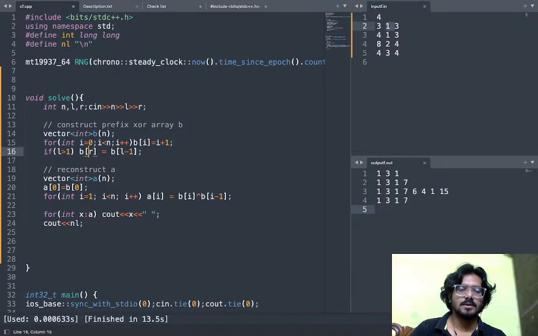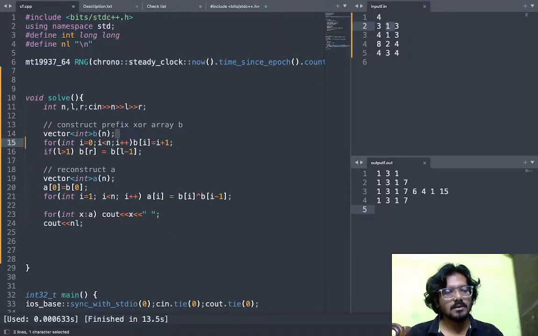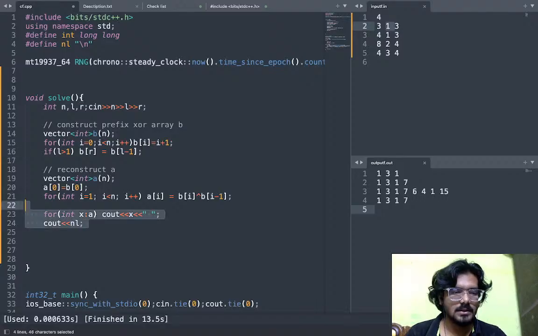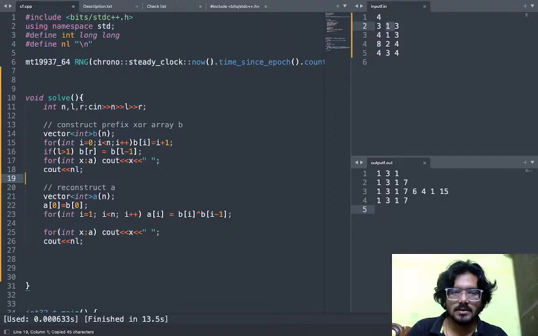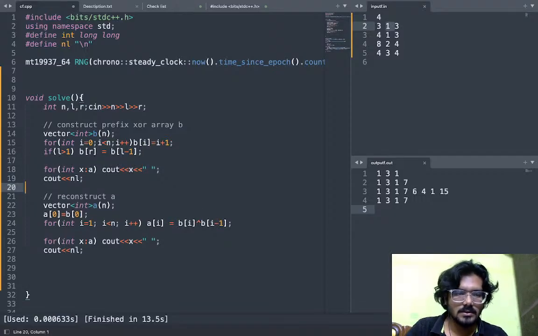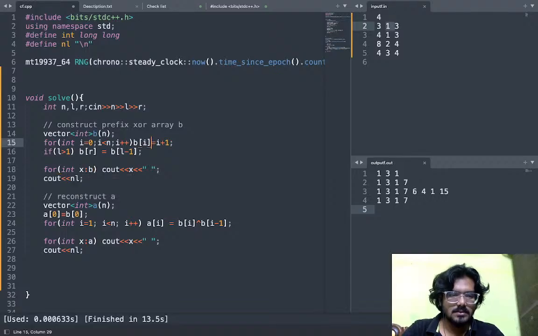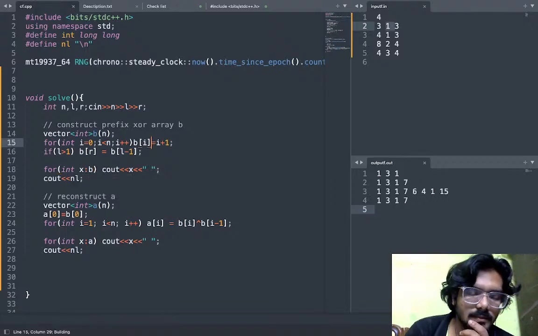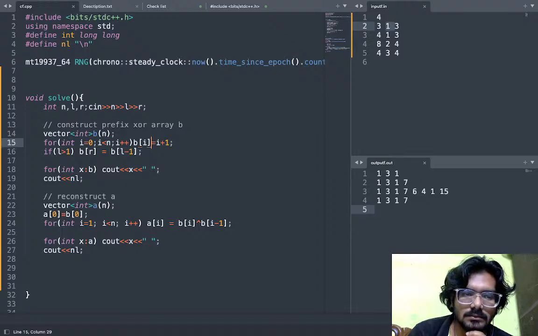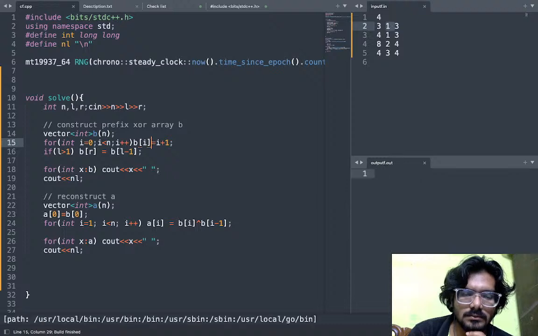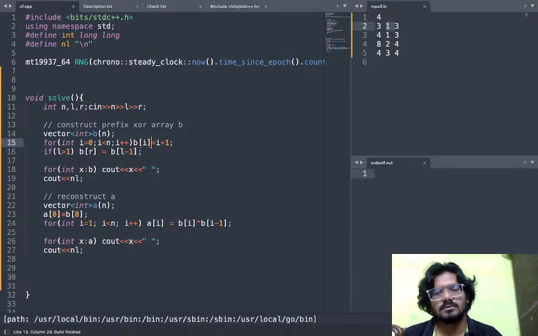So what we are doing is constructing, let's see how the D is being constructed. What is wrong?